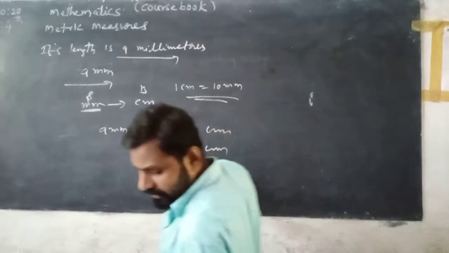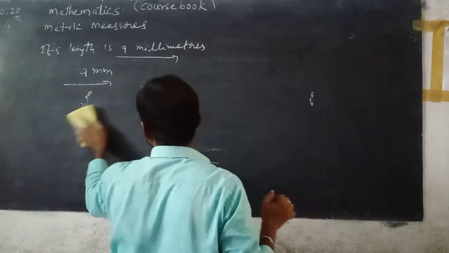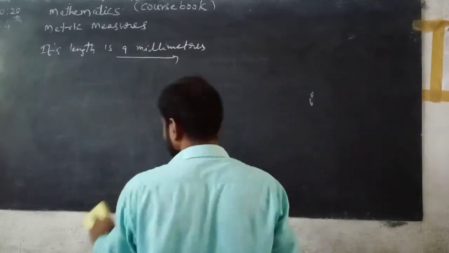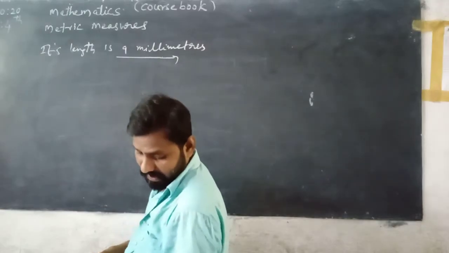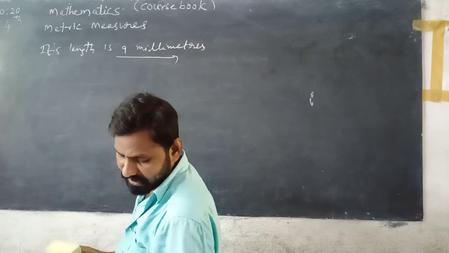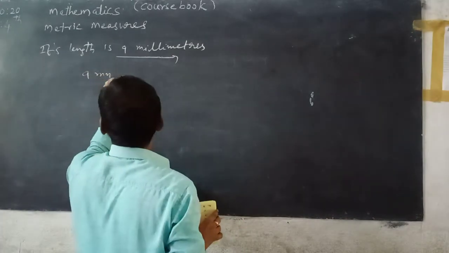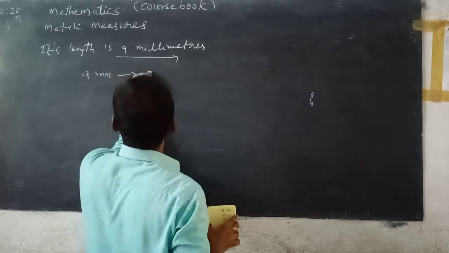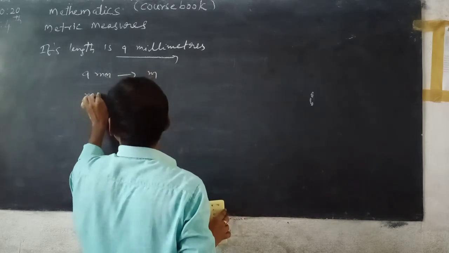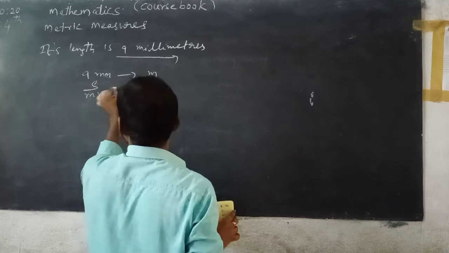Now next, 9 millimeter is converted into meters. See here, to express the millimeters into meters, millimeter into meter is small to big.